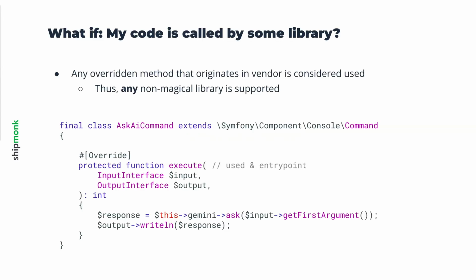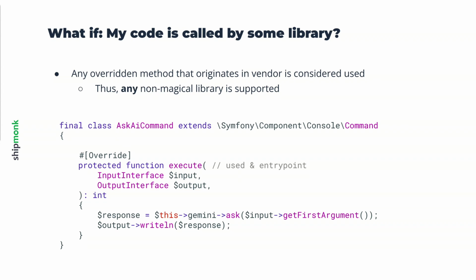So let's start with a major improvement that has been there for, I don't know how many versions. The idea is that every overridden method that originates in vendor is called by some vendor code, which means we automatically support any non-magical library.